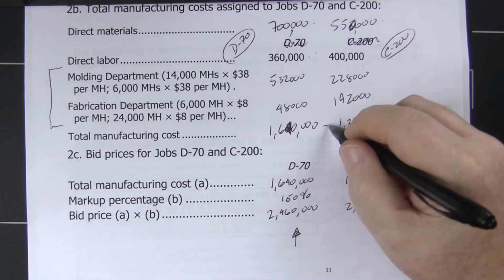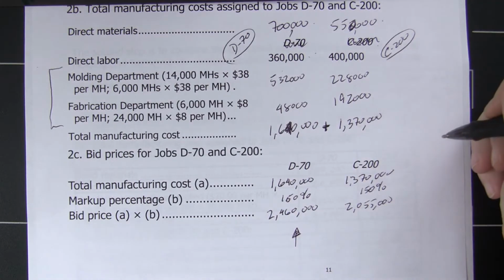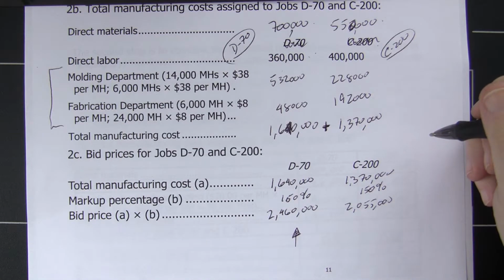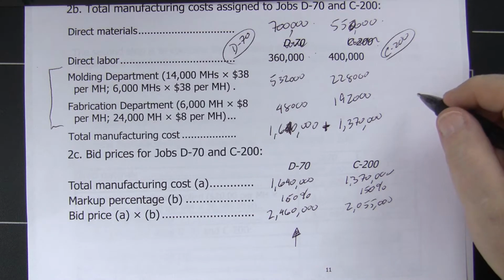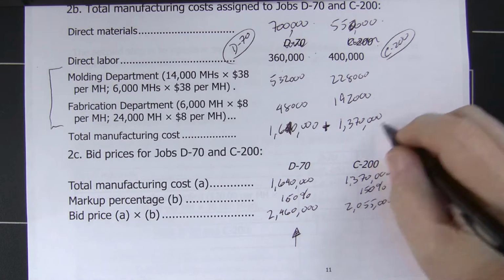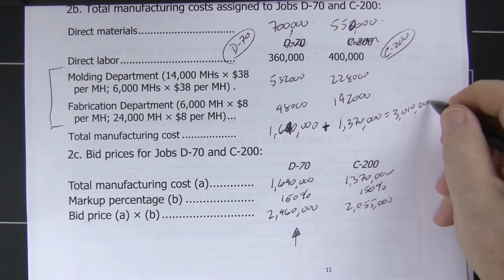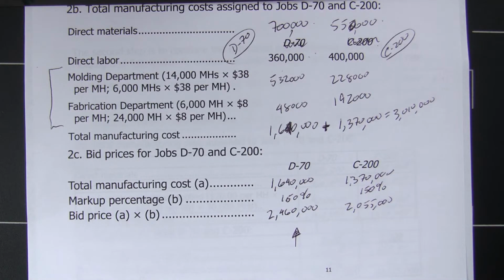So it would be a combination of these two, total manufacturing cost or cost of goods sold, and that works out to $3,010,000. They had no beginning inventory, they had no ending inventory, they had no work in process. What they made, they sold. The manufacturing costs are the cost of goods sold.